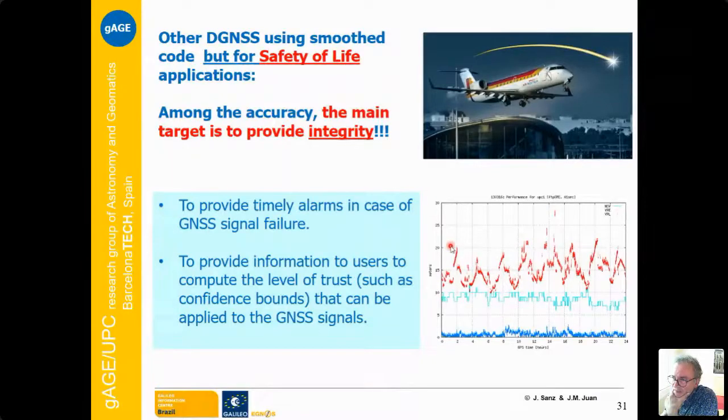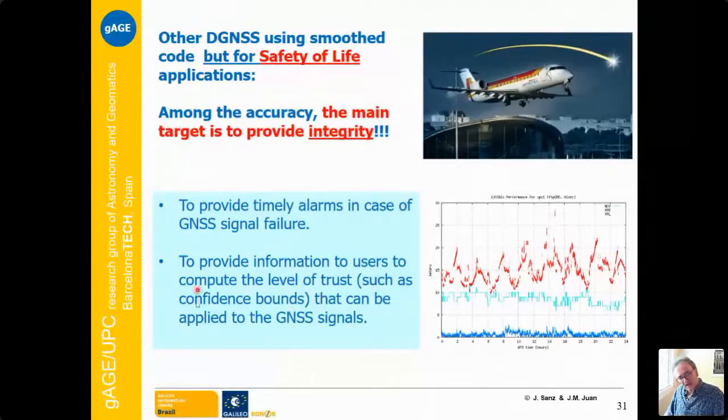It means we have no idea about the error, but the system can assure that the probability that the true error goes over these confidence bounds, called the protection level, is 10^-7, let's say 1 in 10 million cases.